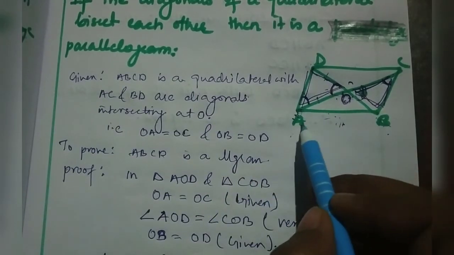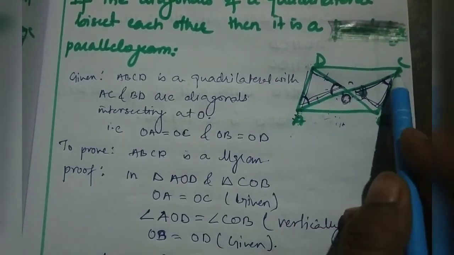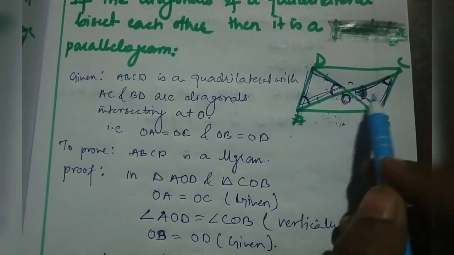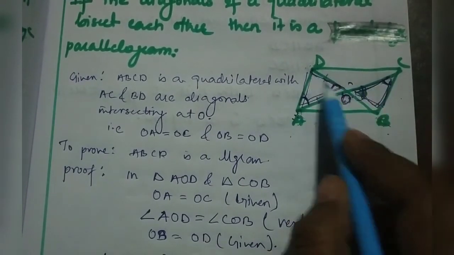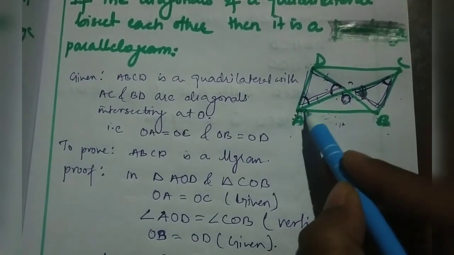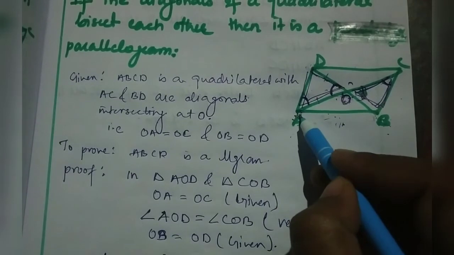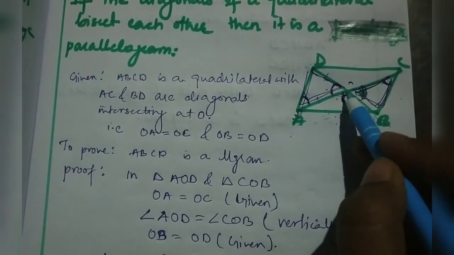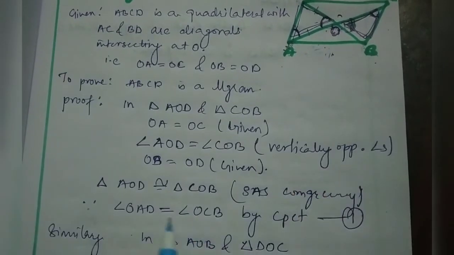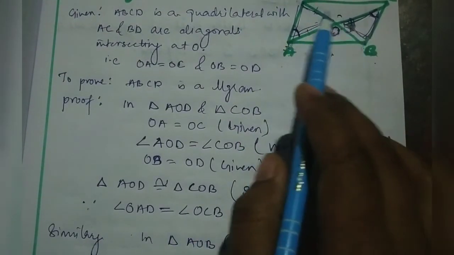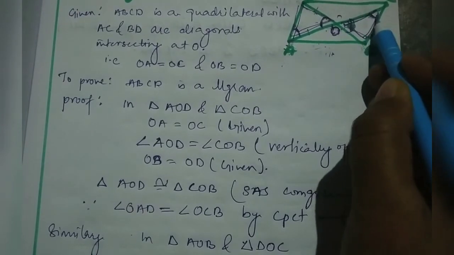At first we take triangle AOD and triangle COB, with OA equals OC, OB equals OD, and angle AOD equals angle BOC, vertically opposite angles. So these two triangles are congruent, and by CPCT we prove that these angles are alternate interior angles.